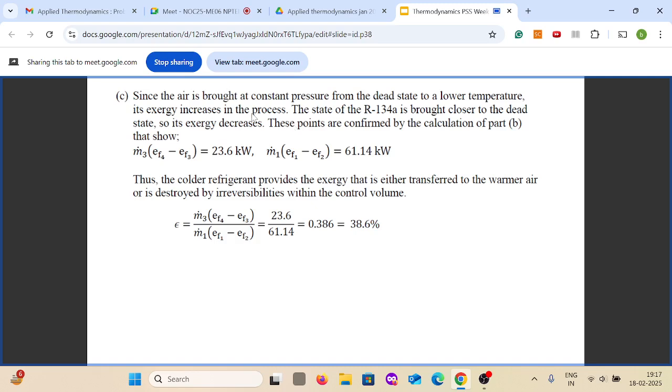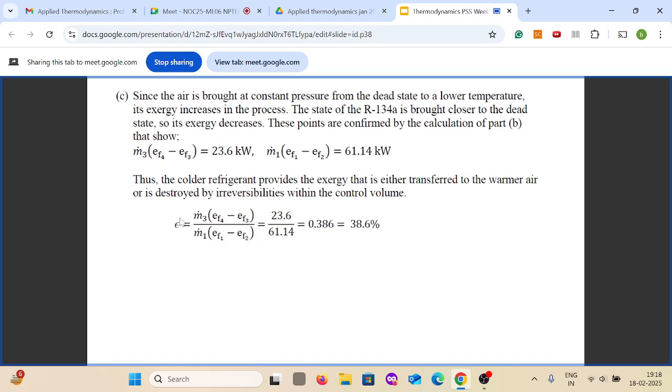If you see, air is lowered from the dead state to a lower temperature, so its exergy value increases. It is going from a lower exergy state, which is 0, to a higher exergy. But the refrigerant is at higher exergy because it is a cold liquid, and as it is heated it is pushed towards the dead state, so its exergy is reducing.